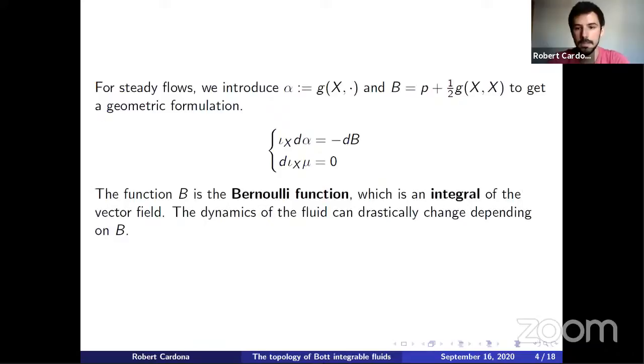Something that one can already obtain easily from the first equation is that the Bernoulli function is an integral of the vector field in the usual sense, so the vector field is tangent to the level sets of B. Of course, this implies that the solutions can have very different behavior depending on this function.